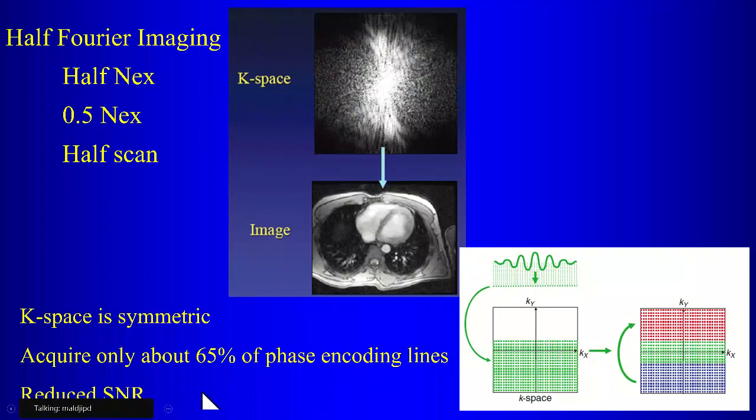So your penalty is going to be signal to noise. There's going to be reduced signal to noise. But it does speed up the imaging process, all right? And these are the terms for it: half Fourier imaging, half NEX, half scan, and that's taking advantage of the symmetry within the data, the symmetry of K-space data, okay?